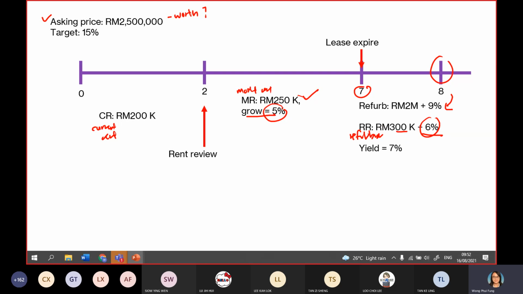Because the future is always filled with uncertainty. You are estimating today, but you do not know what will happen in the future. So we tend to overestimate a bit rather than underestimate. So for this one, we mark up plus 5%. This one, we mark up plus 6%. So that is what is meant by growth rate.